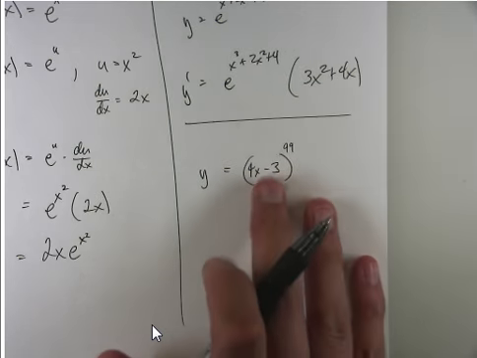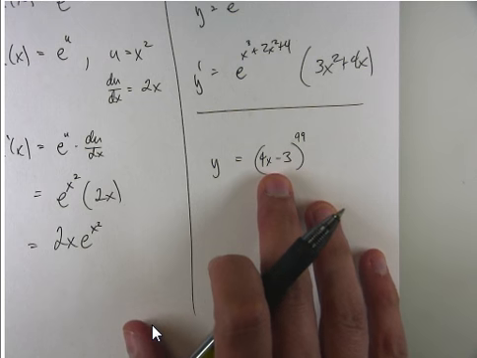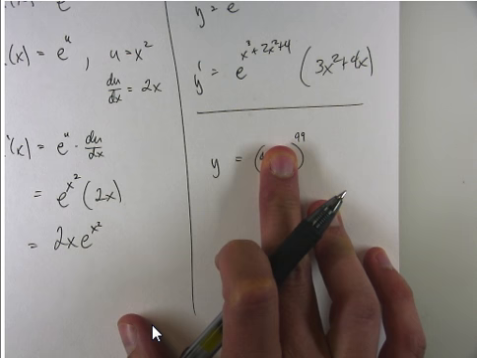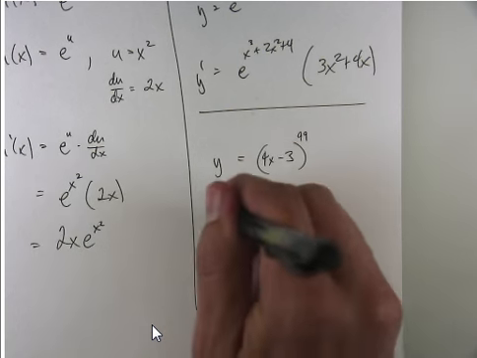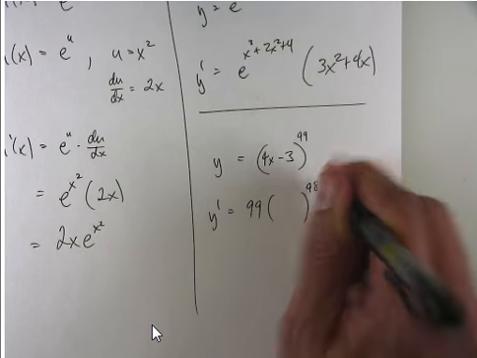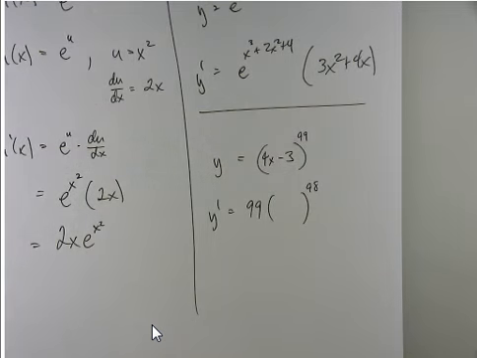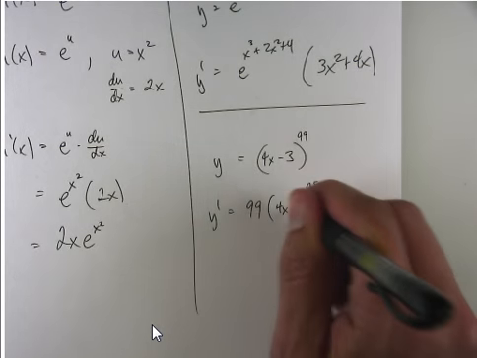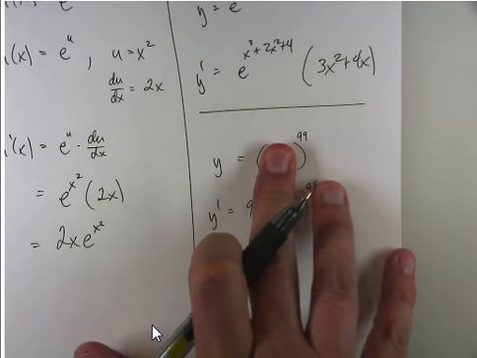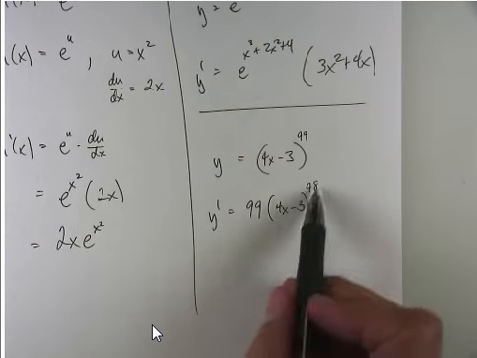Instead, I think that there's an inside function here that's complicating this expression. This is really, at its heart, something to the 99th power. And if you have something to the 99th power, then the derivative is 99 something to the 98th. So that something is 4x minus 3. X to the 99th is 99x to the 98th.